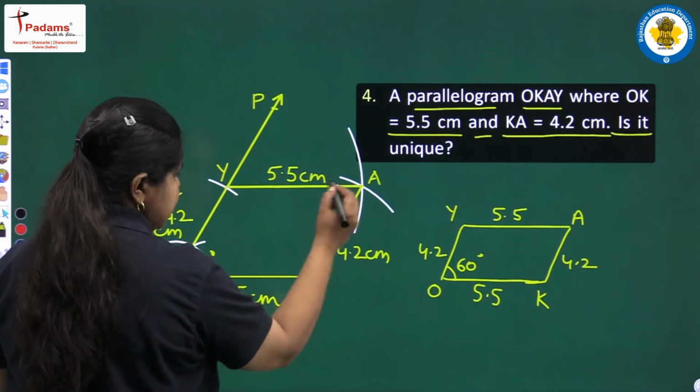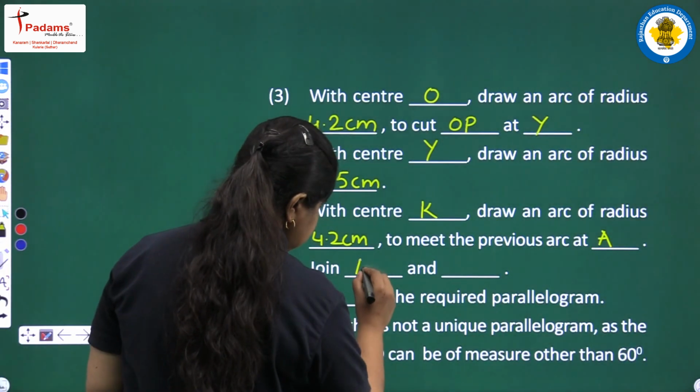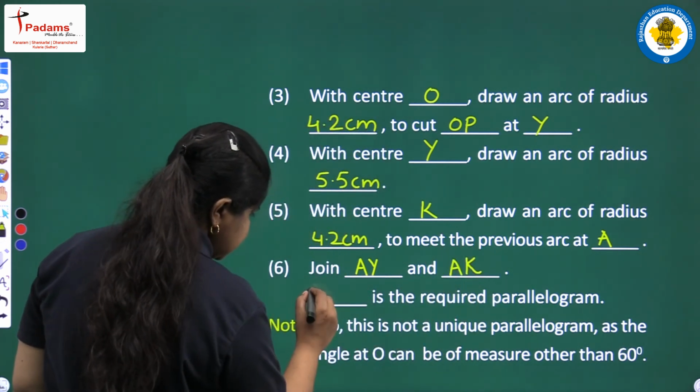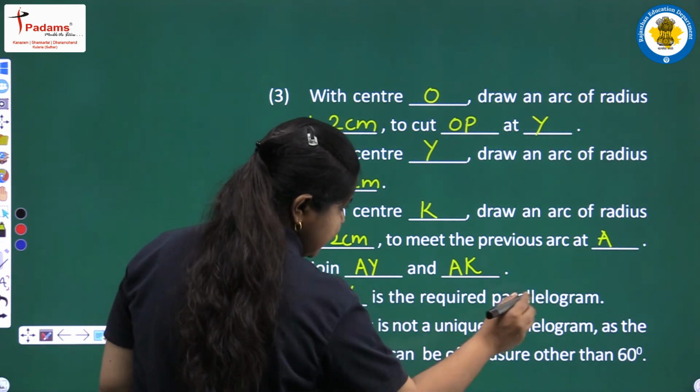Join AY and AK. So we write here join AY and AK. And this says that OKAY is the required parallelogram.